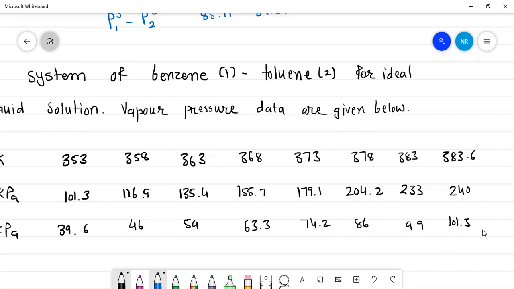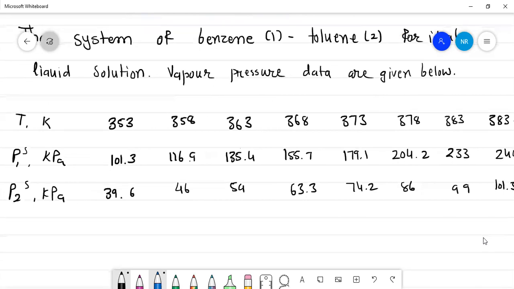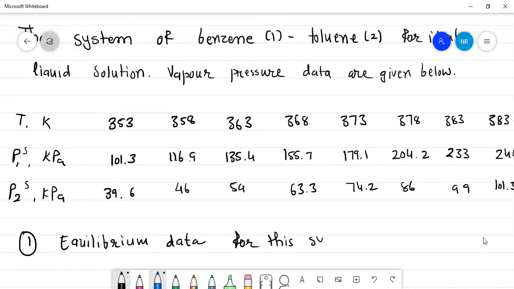Using this data, we have to make the equilibrium data. The first thing is to calculate the equilibrium data for these systems at 101.3 kilopascal, and also formulate the relative volatility.